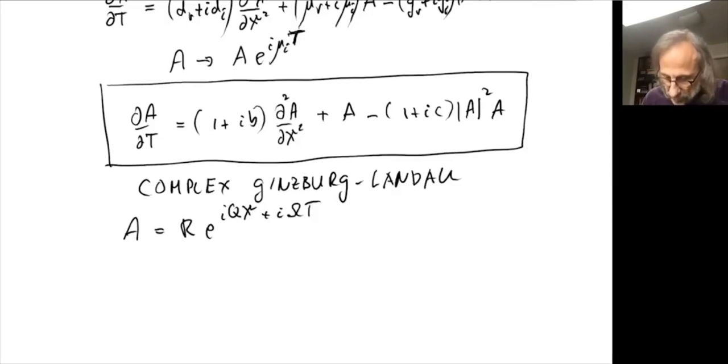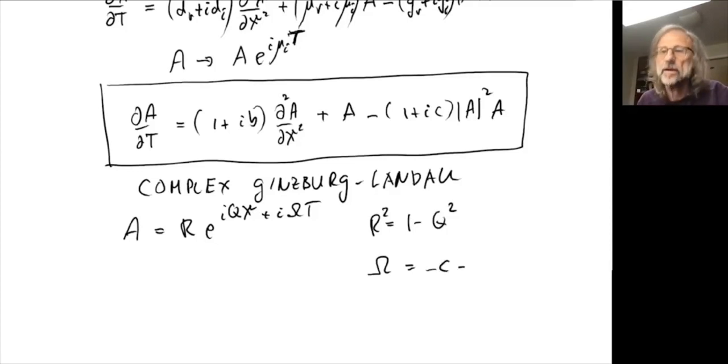And when you plug it in, you get r squared is equal to 1 minus q squared, and omega is equal to minus c r squared minus b q squared.